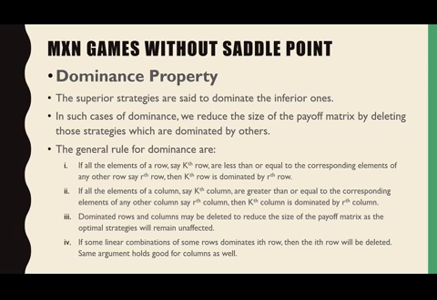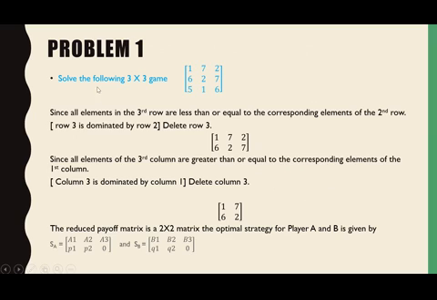So let me go with the first problem now. The first problem is a 3 cross 3 game. We are supposed to solve it. See, you observe here the third row, right, has the values 5, 1, 6.